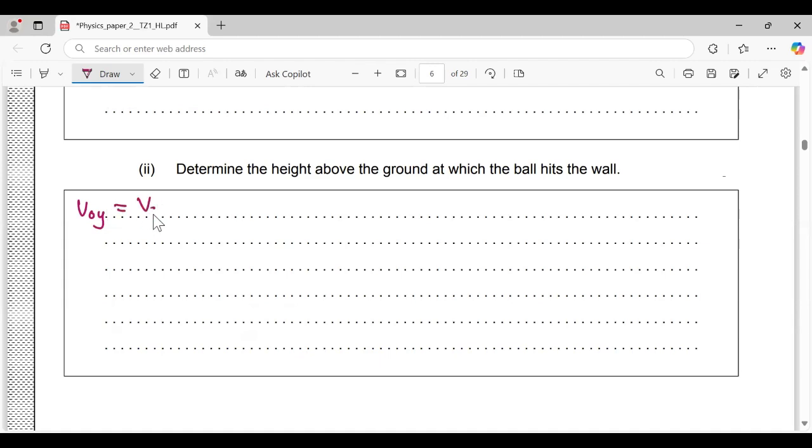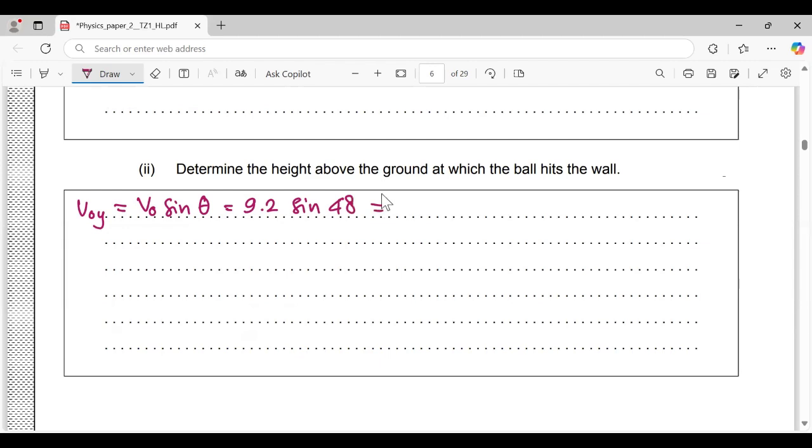The formula is initial velocity times sine theta. Okay. Initial velocity is 9.2, which we calculated recently, and theta is 48.